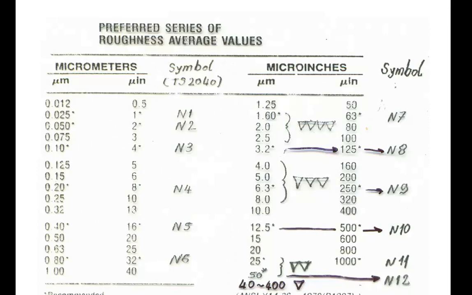This is the conversion table. If the roughness value has been shown with an N code, then see which code corresponds to which roughness value. If it is N1, then it corresponds to 0.1 micrometer. If it is N11, then it means 25 micrometer.